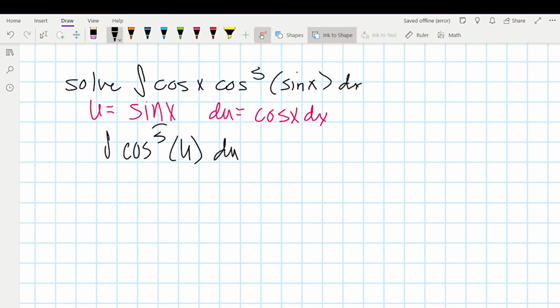And so we know we can't integrate this because this is to the 5th and we don't know how to integrate that. So we will rewrite this again just to simplify it into a way we can integrate as cosine u times cosine to the 4th u du.